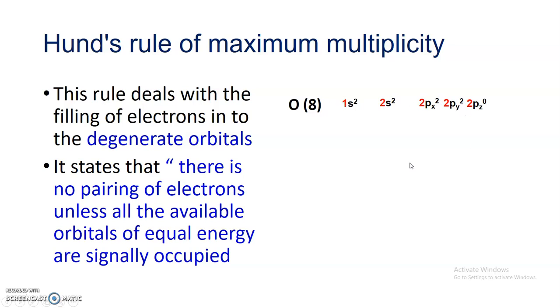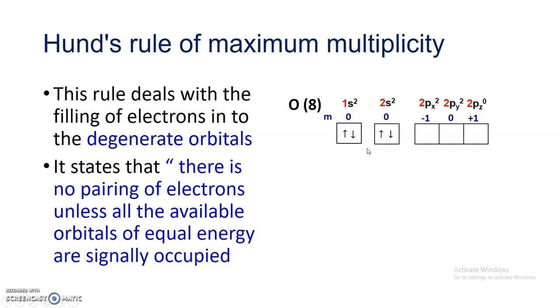This is one way of writing the electronic configuration, and this is the box type arrangement. So in the 1s orbital there are 2 electrons. This is the first, second; third electron enters the 2s orbital, and the fourth electron also enters the 2s orbital, because the capacity of each orbital is 2 electrons.